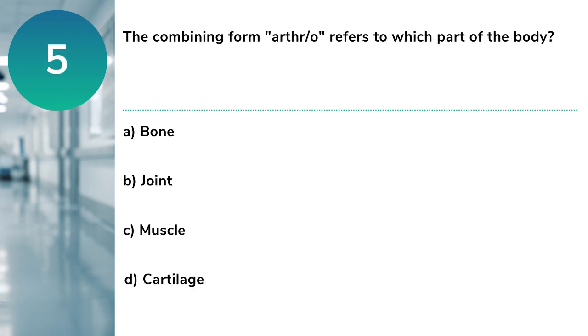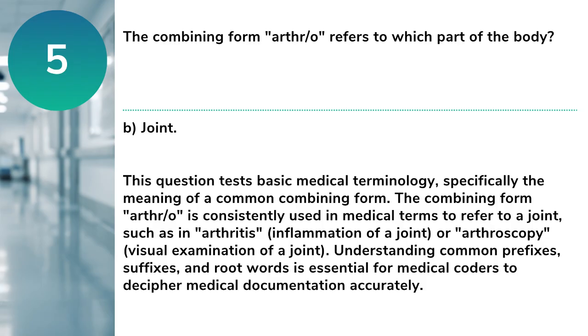Question 5. The combining form arthr/o refers to which part of the body? A. Bone. B. Joint. C. Muscle. D. Cartilage. Answer: B. Joint.